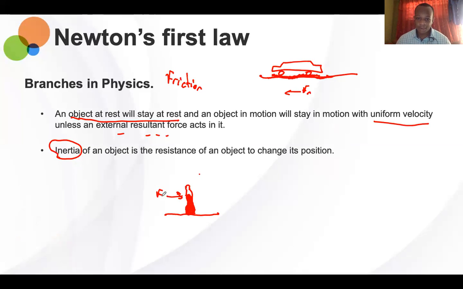So we have to apply a force that is greater than the value of the inertia here for the object to move. Are we seeing that? Yes. Right. So in order for the object to move, we have to apply a force that is greater than the inertia of the particular object.